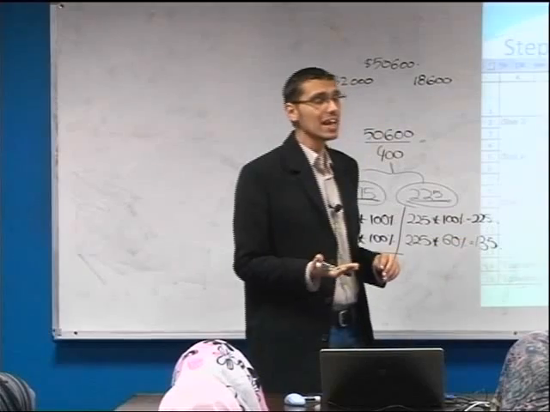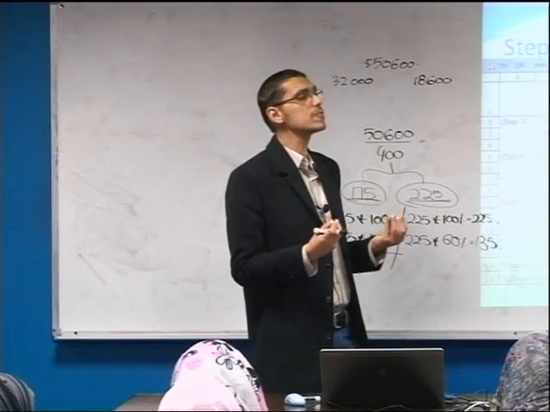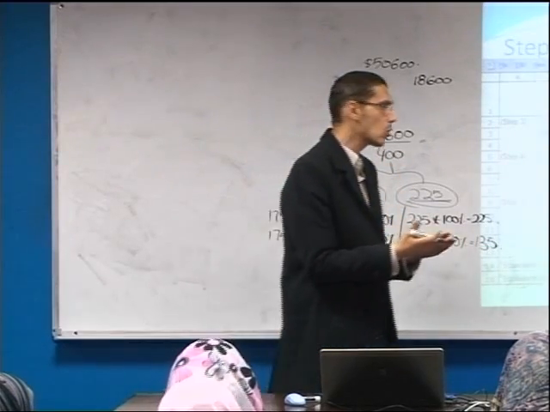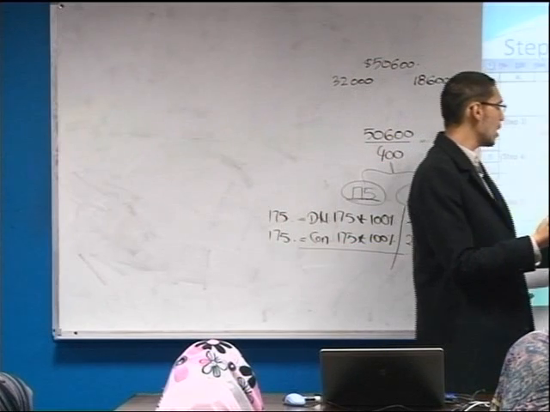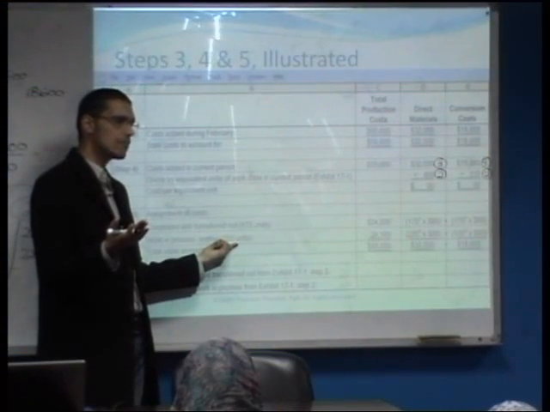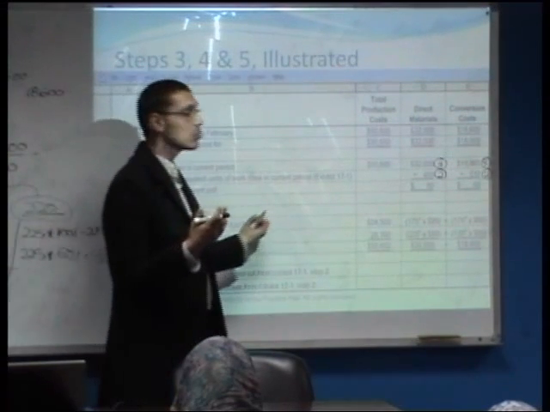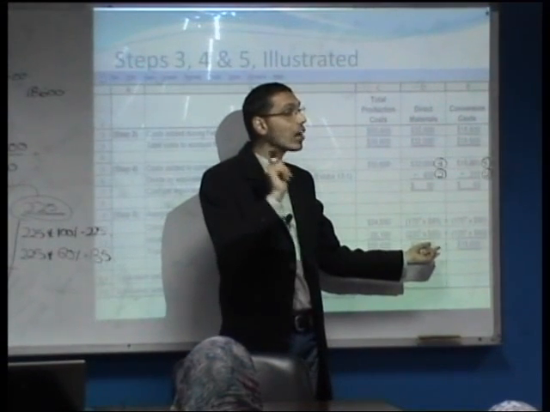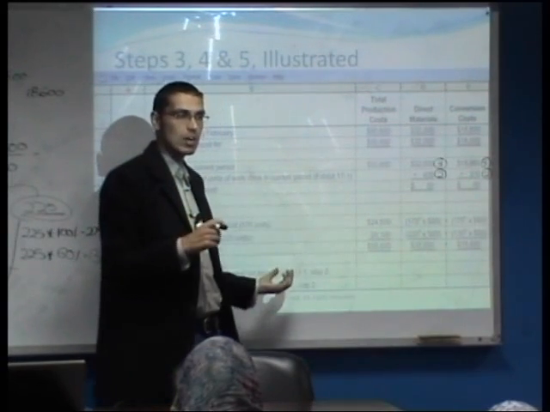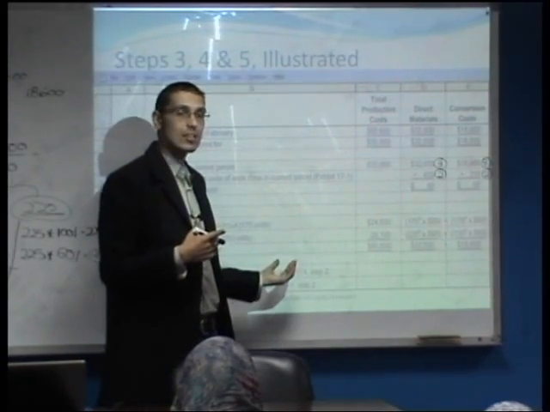Now we need to assign the cost for the ending work in process inventory. Of course, the ending work in process inventory had 225 units, correct? But we are going to assign according to our equivalent units. We are not going to assign by using the physical units.